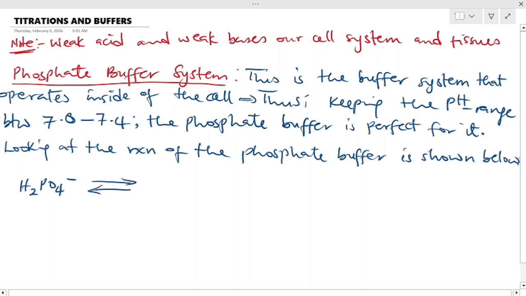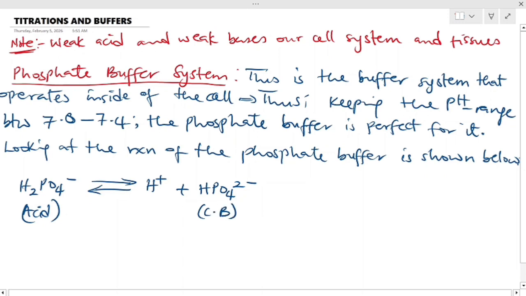forward reaction, backward reaction, and this donates a proton to form HPO4 2 minus. So here this is acting as the acid, and this is acting as what? The conjugate base.